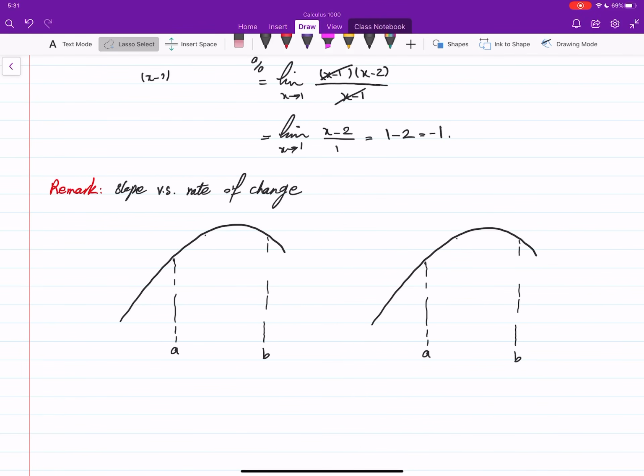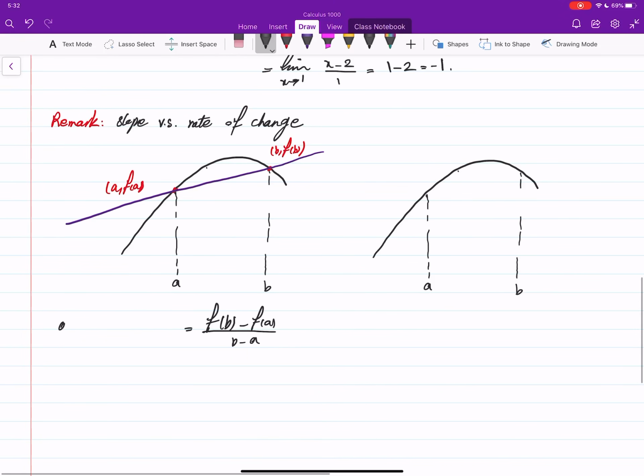What you notice right away is, okay, you see the points here. At point A, we have (a, f(a)). At point B, we have the point (b, f(b)). Consider the straight line which passes through these two points. That line will have a slope equal to f(b) minus f(a) over b minus a.